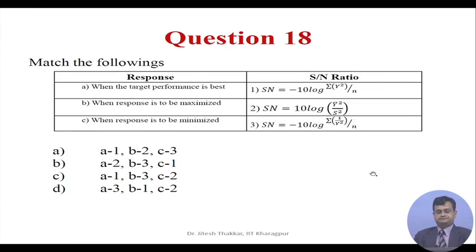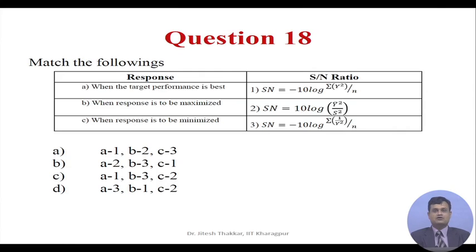Question 18. You are expected to match the left hand side with the right hand side, and you have studied Taguchi's method and signal to noise ratio. Here you are given 3 options on the left side which are: A, response when the target performance is best, B, when the response is to be maximized, and C, when the response is to be minimized.